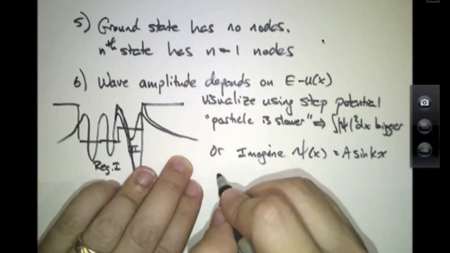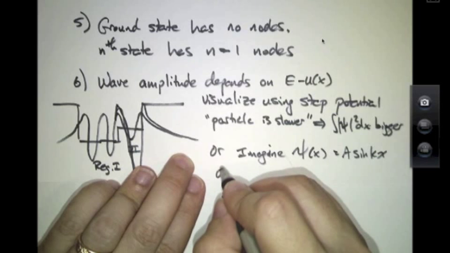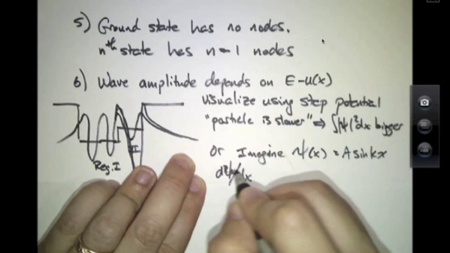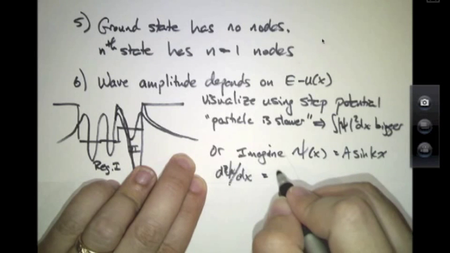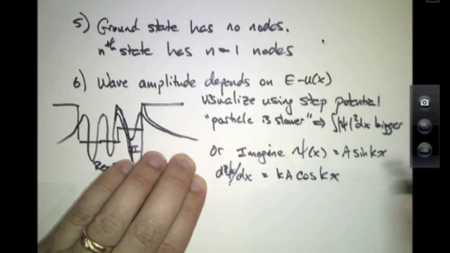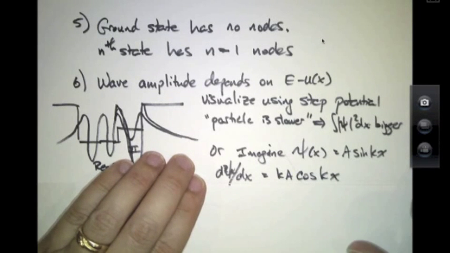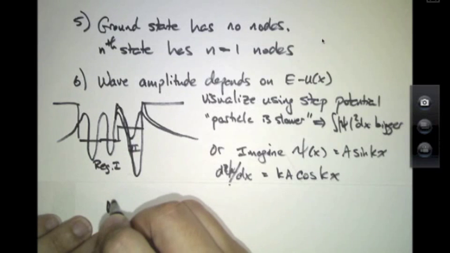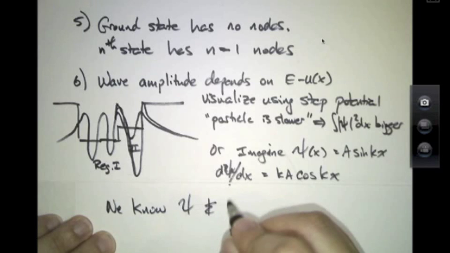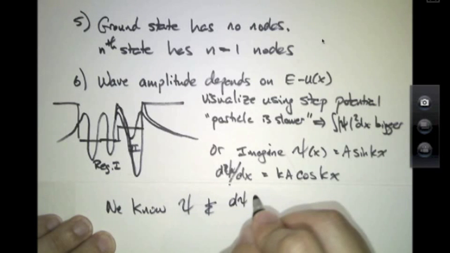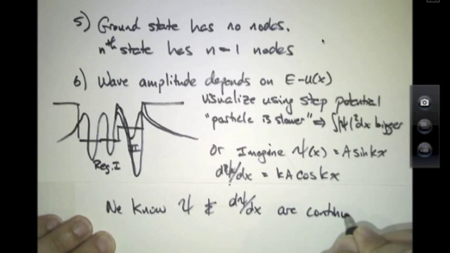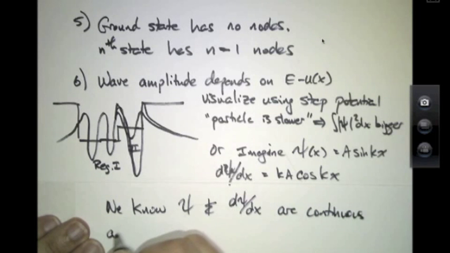It would therefore be mathematically true that d psi dx, it's a single derivative, is ka cosine kx. We know that psi and its first derivative, d psi dx, are continuous at boundaries.